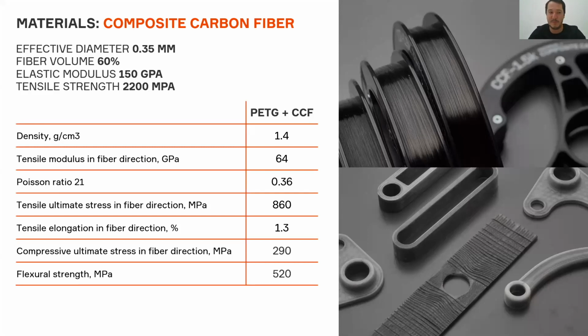So practically the minimum wall thickness is 1.5 millimeter, with one fiber inside and one plastic shell on each side of the wall. But we also have special tools to print without plastic shells. In this case, the wall thickness will be 700 micron.